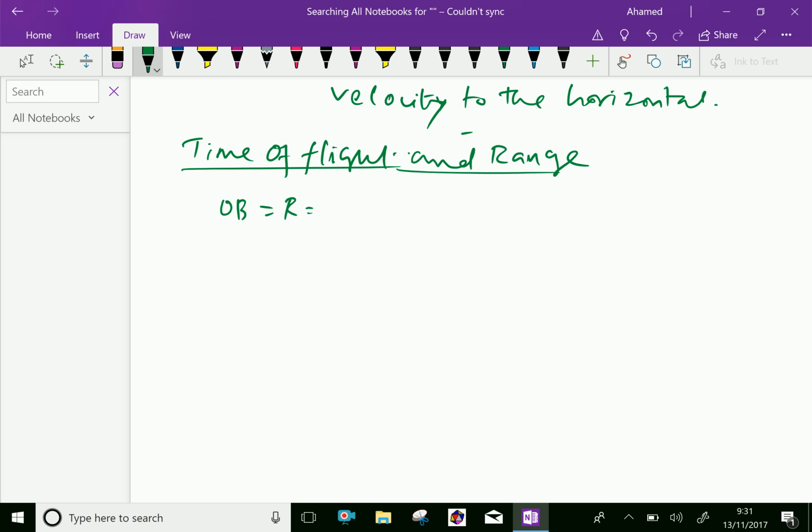Now we know that R equals distance, which equals initial velocity u times time of flight tf.